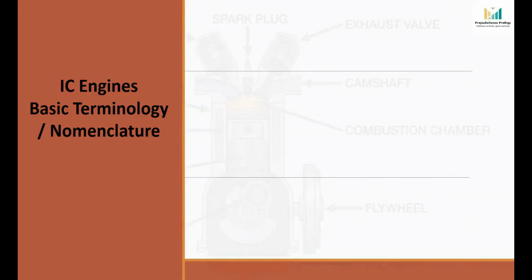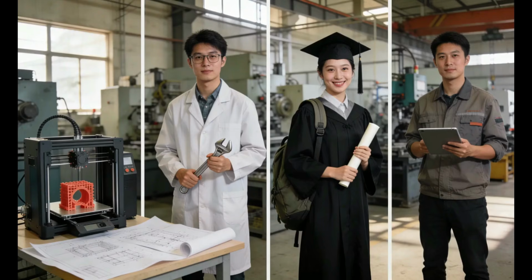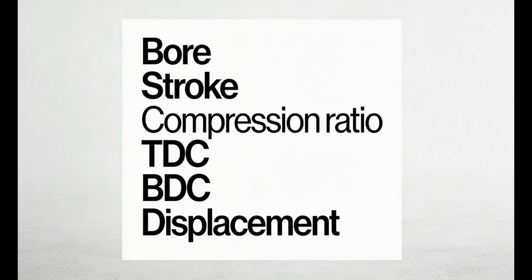And today, we are starting a very important engineering foundation topic. Basic terminology or nomenclature of reciprocating internal combustion engines. If you are a mechanical engineering student, a fresh graduate, or someone who has just entered the industry, you will often hear words like bore, stroke, compression ratio, TDC, BDC, displacement.